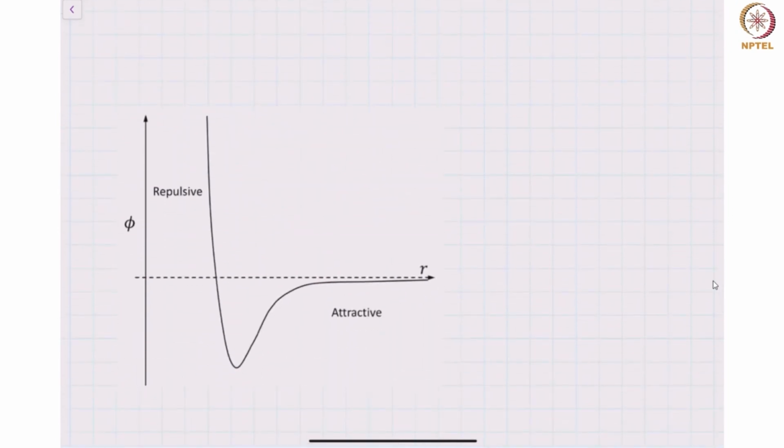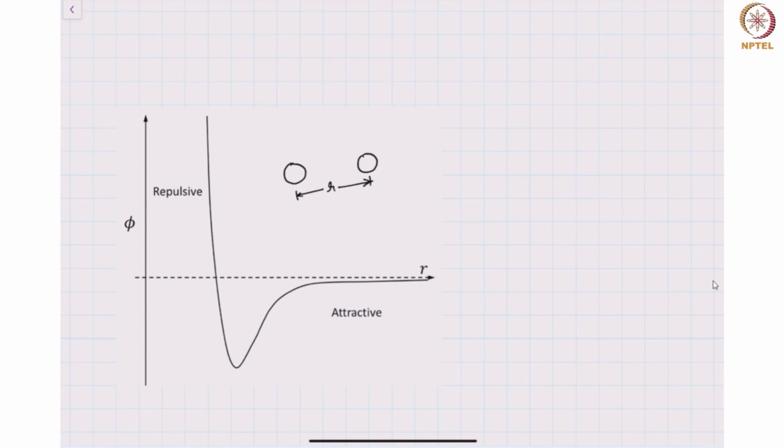In this case, you can think of something like a Lennard-Jones potential. This interaction potential is being shown as a function of separation distance between the molecules. So you have two molecules here, separated by distance r.